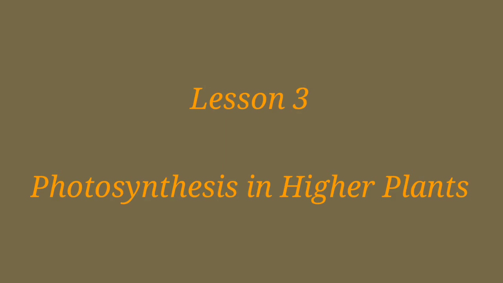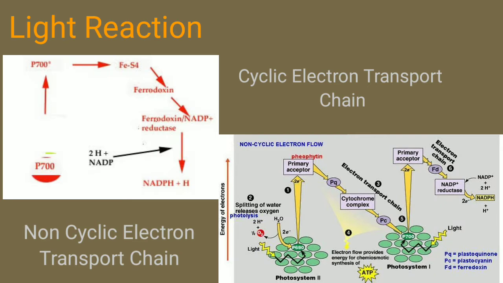Students, in the last video, I discussed the light reaction that takes place in the thylakoid of the chloroplast in the green parts of the plant body. That is generally the young stem and the green leaves.